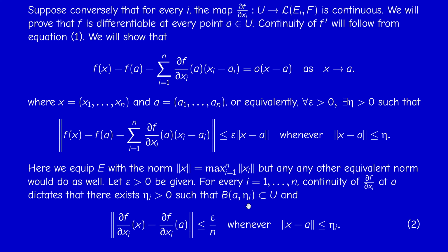We assumed this condition that the ball of center A and radius eta_i is contained in U, which is just a consequence of the openness of U. Because when I write the continuity condition, I must ensure that x is close enough to A and at the same time in U, in order for the partial derivative to be defined at x. But since U is open, this is not a big deal, because I can ensure that x is in U and close enough to A at the same time.